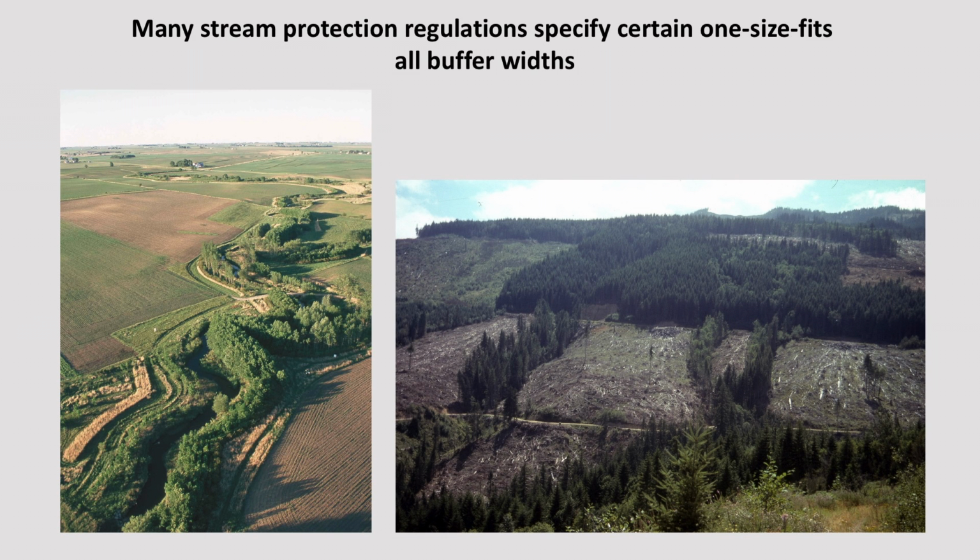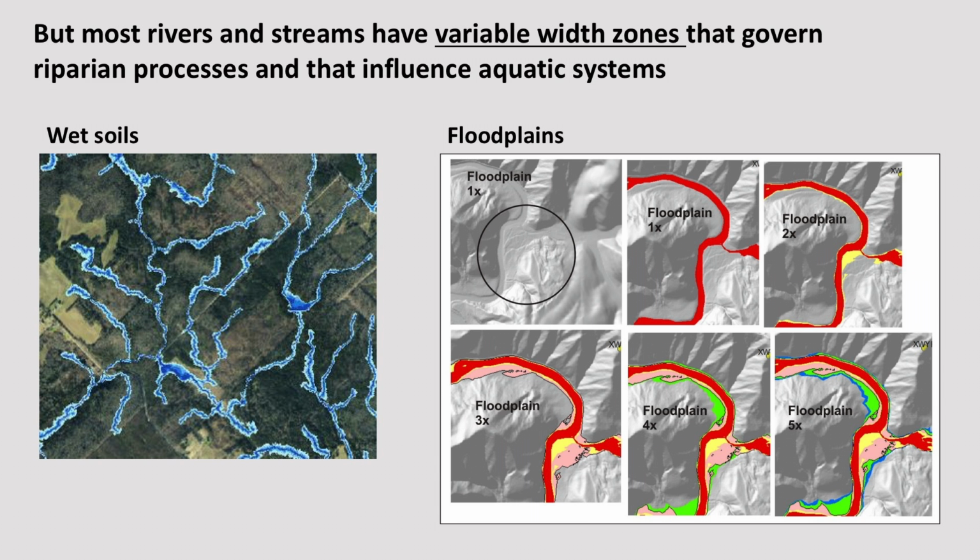At least down where Dan and I hail from, fixed width buffers are pretty common because they're easy to implement and easy for the regulatory agencies to check on. So you see a lot of this going on, as well as in lower gradient rivers. But as we all know, riparian zones are not one size.